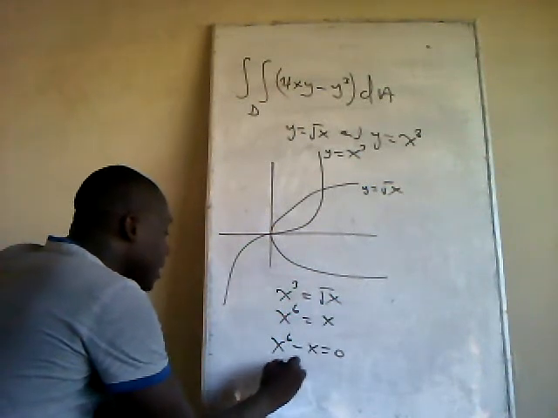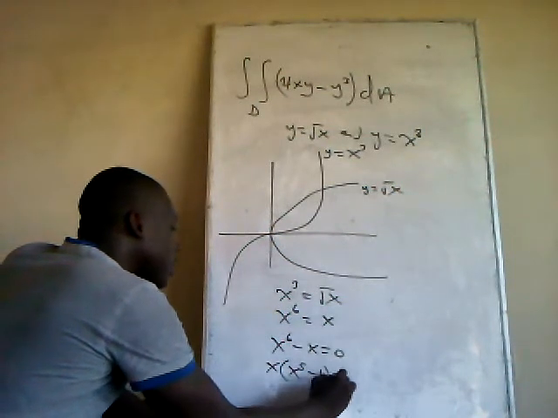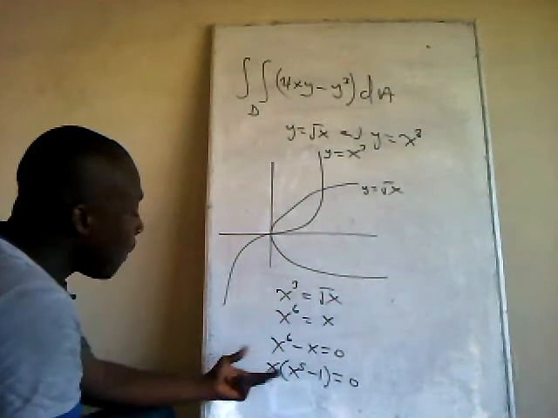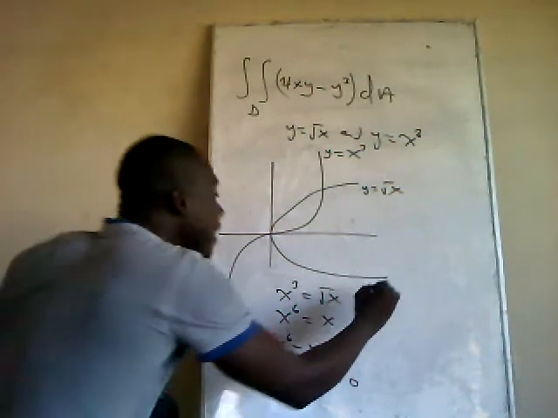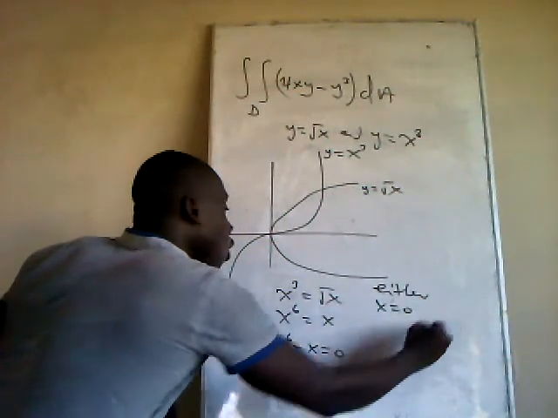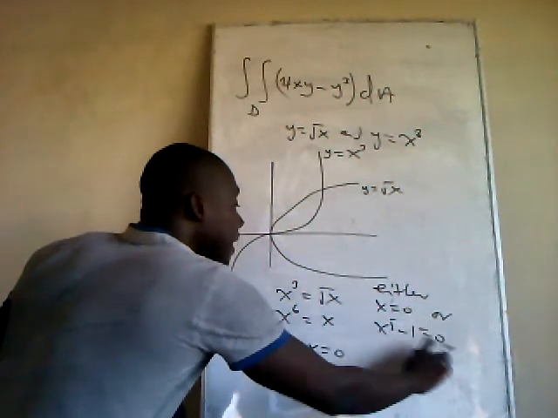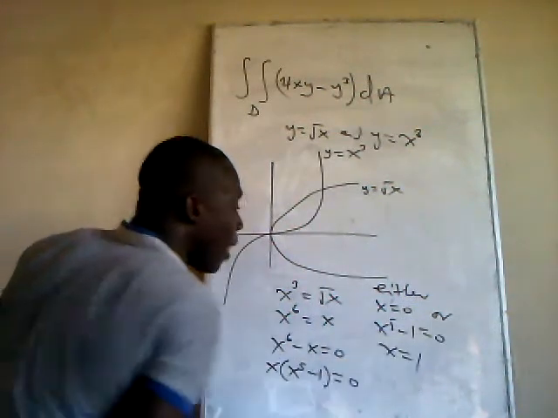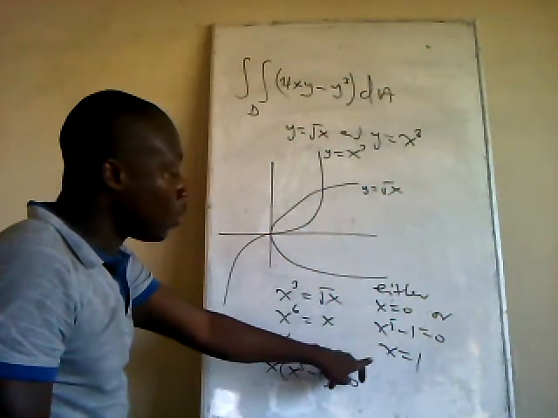I get x times x to the power 5 minus 1 is equal to 0. If two numbers multiply to get 0, either one is 0 or the other is 0. So it means either x is equal to 0 or x^5 minus 1 is equal to 0. And here it implies that x is equal to 1. So x is equal to 0 or x is equal to 1.